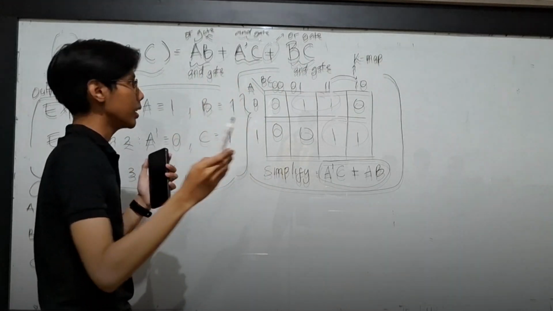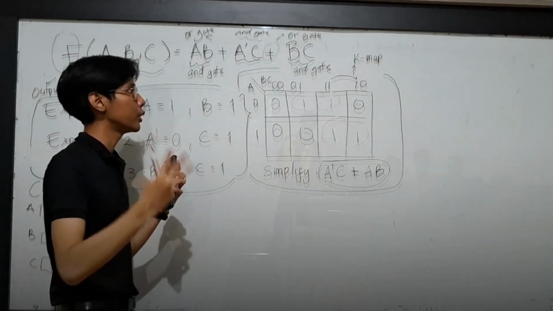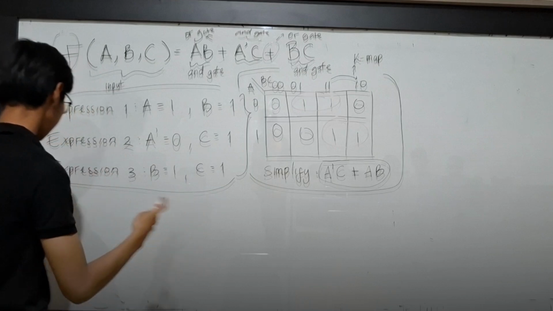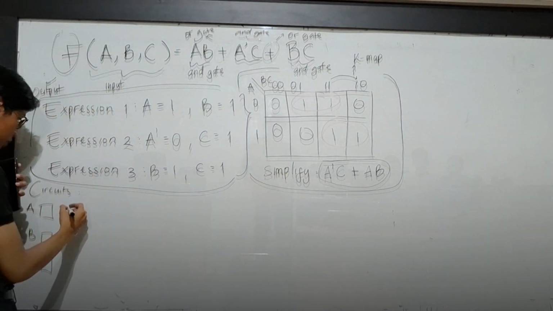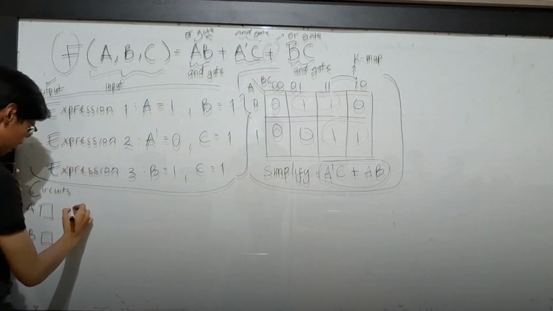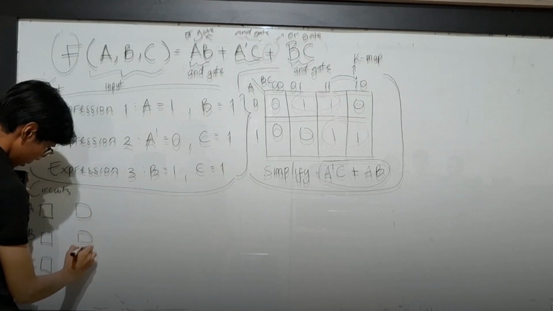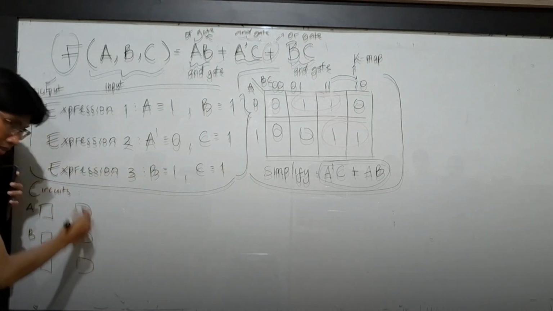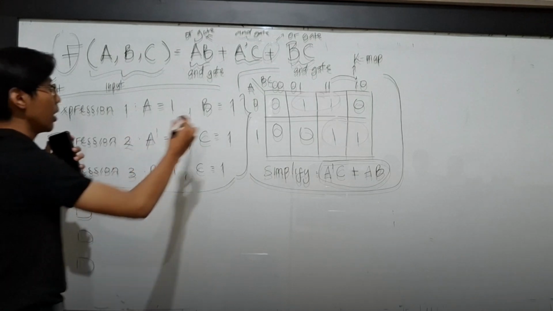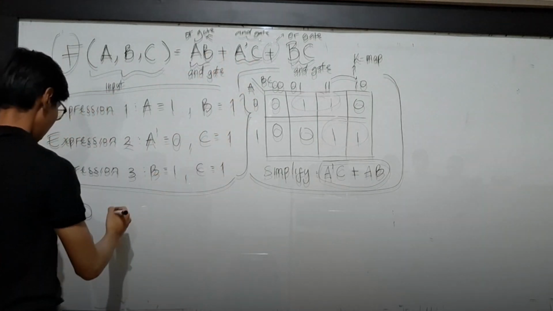In this expression, you have three AND gates. Now let's draw the AND gates, three AND gates and an OR gate.